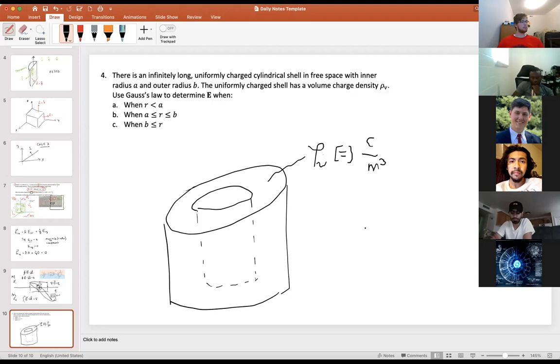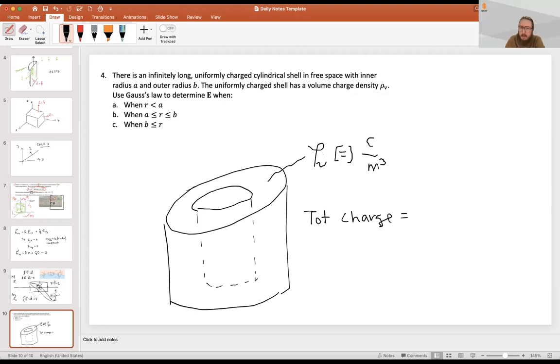So if we wanted to find total charge, that would equal rho v times the volume. Does that make sense? Yes. Okay, so that's basically the same as saying Q equals the triple integral of rho v dv.